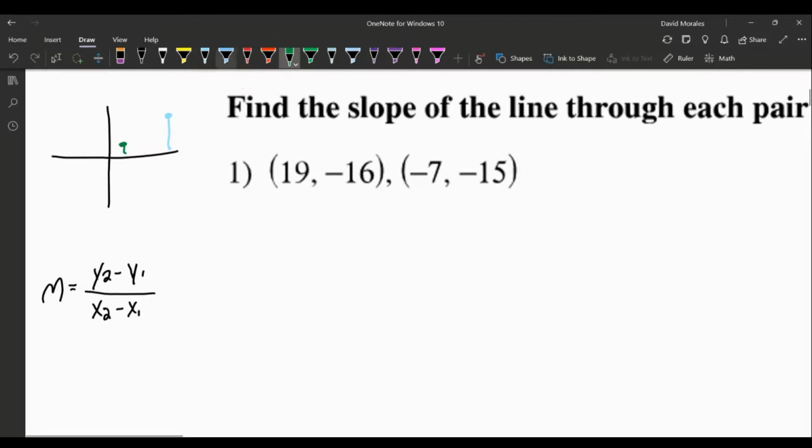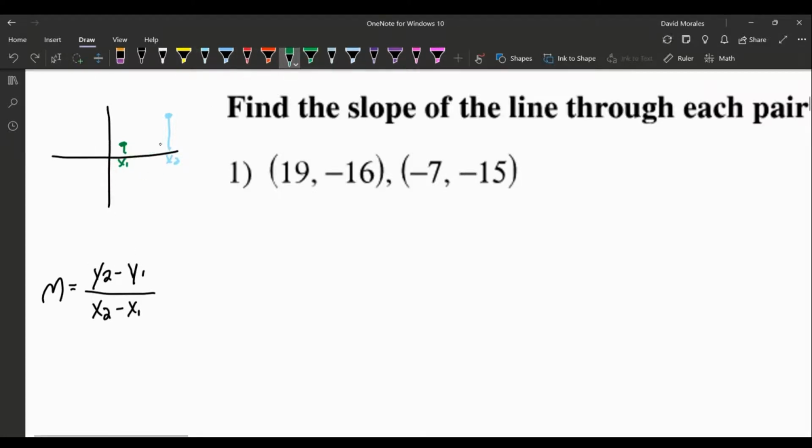So you take x2, and you take x1. How far did x2 run? How much further is x2 from x1? Well, you just subtract that, right?